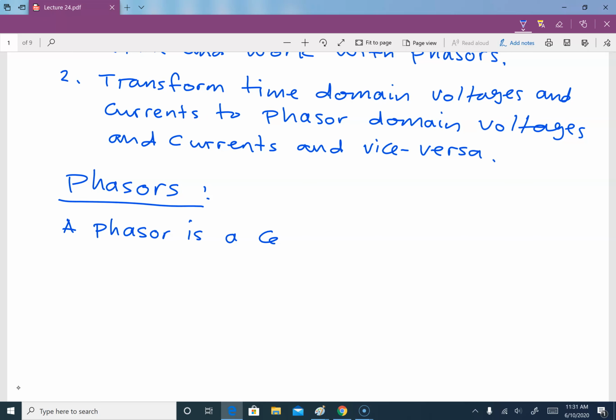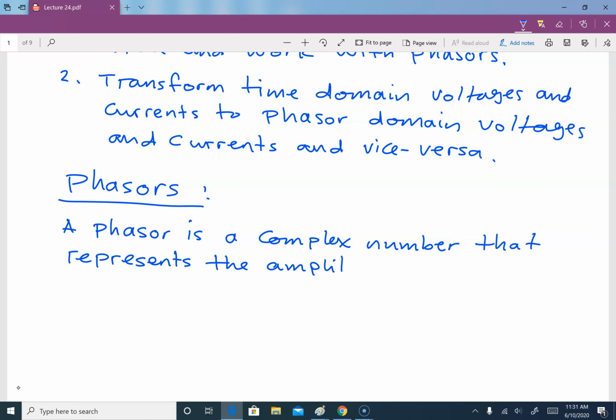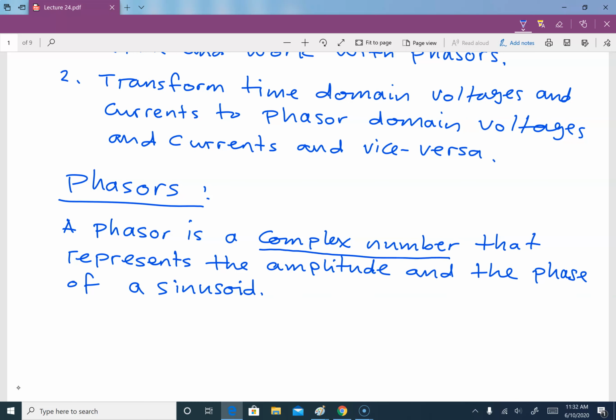It is a complex number that represents the amplitude and the phase of a sinusoid. So if you look at this definition, that is a complex number.